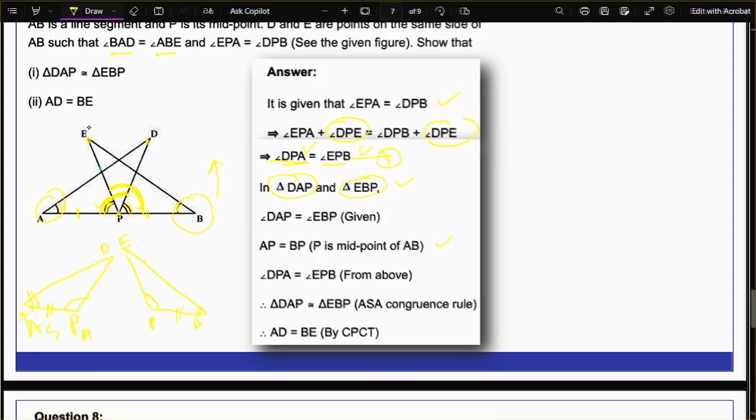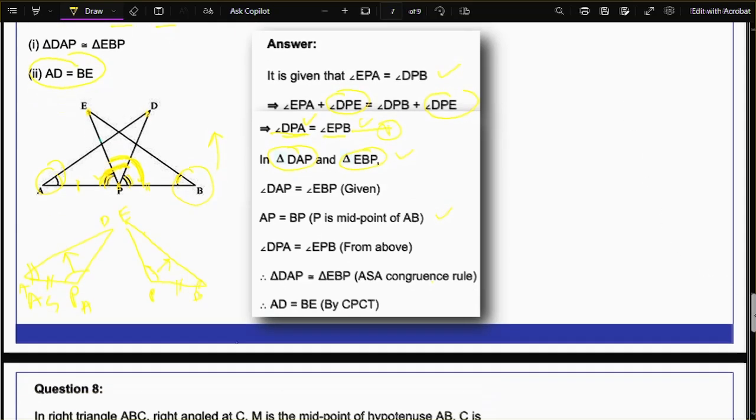Hence AD and BE are also the same by CPCT, because AD is the side facing angle P, and EB is also the side facing angle P. So by CPCT, these two are the same.